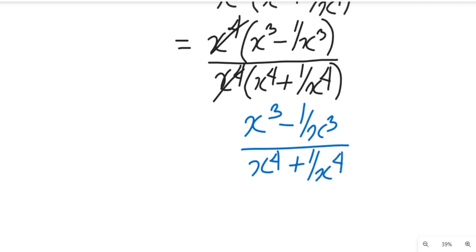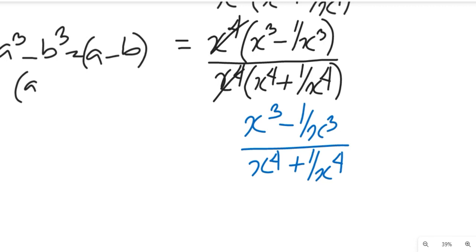Now, solving this equation, I want you to recall an algebraic expression. In that algebraic expression, we are given that a to the power of 3 minus b to the power of 3 will be equal to a minus b multiplied by a squared plus b squared plus ab.